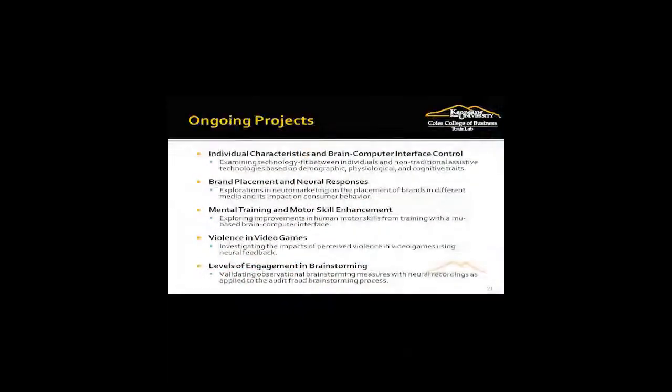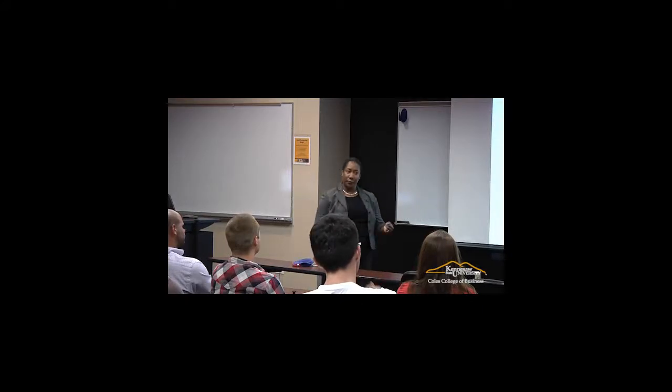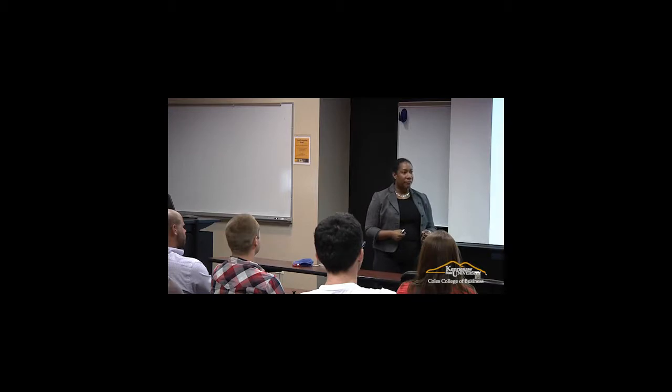If you train with the brain interface, do you improve your physical ability? We've actually seen connections there. This ties into rehabilitation, being able to move your arm again, or improving your ability to hit the ball with the racket.